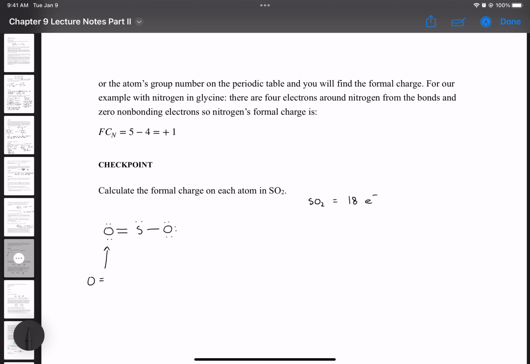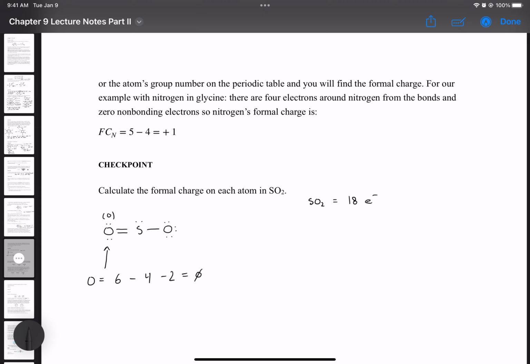Remember, oxygen has 6 valence electrons minus, okay, it has 4 non-bonding electrons, right? 4 non-bonding electrons. And then how many bonds are around this oxygen atom? 2. Minus 2. So in this case, this one should be 0 formal charge, and that it is 0.